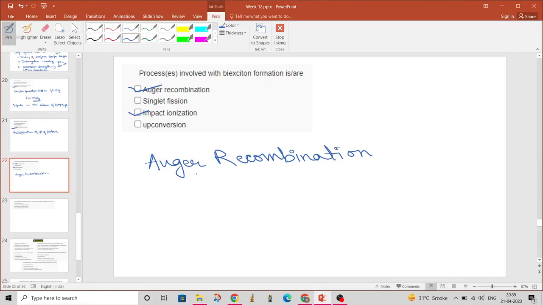For impact ionization, we have to pump repeatedly, so a high repetition rate is required.